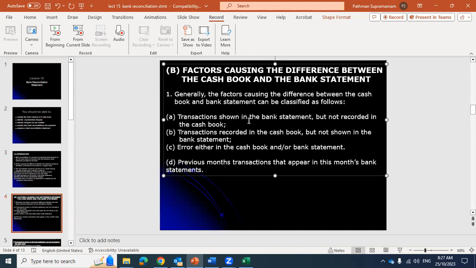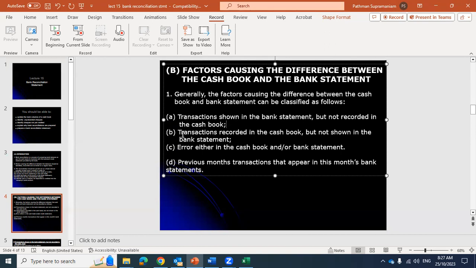For example, a customer pays us money by transferring the funds directly into our bank account, and we have not come to know about it until one day when we check through our bank statement, we see the balance appearing in the bank statement. Only after that will we record it in our cash book.